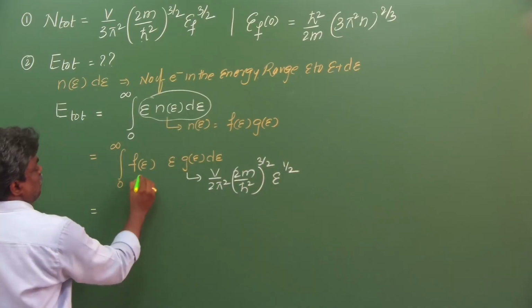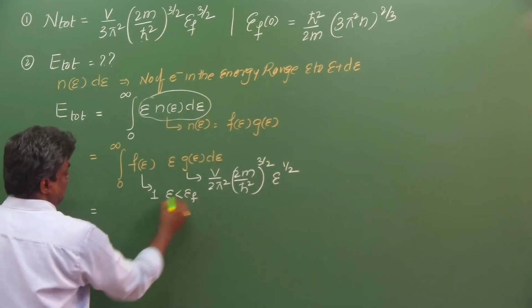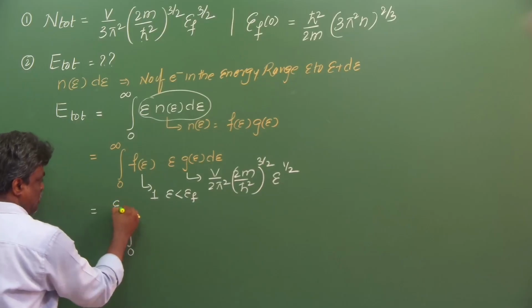Now F of E equal to 1 if energy is less than EF. That's why 0 to EF.